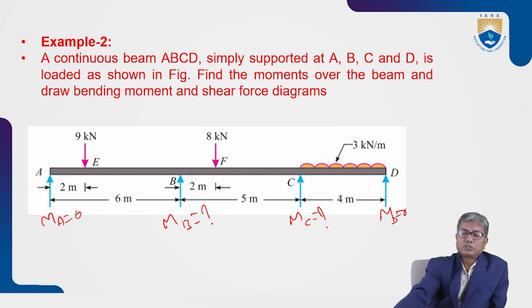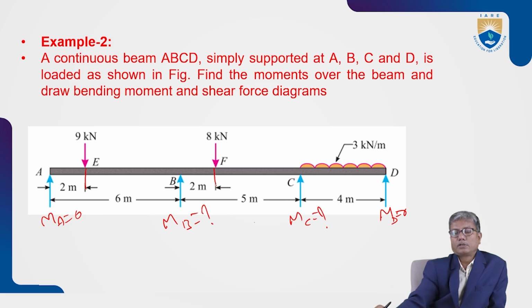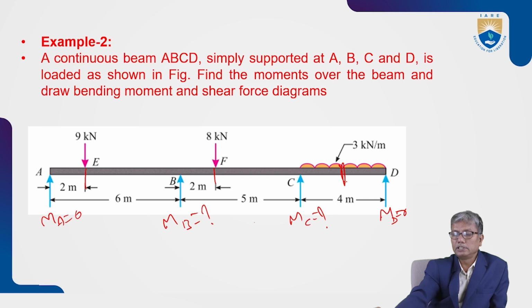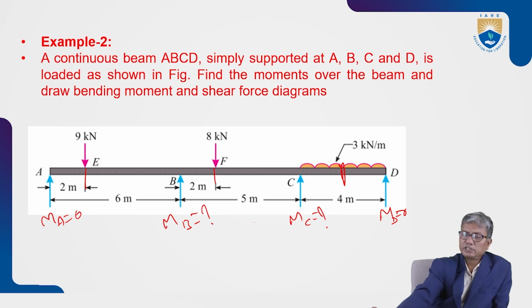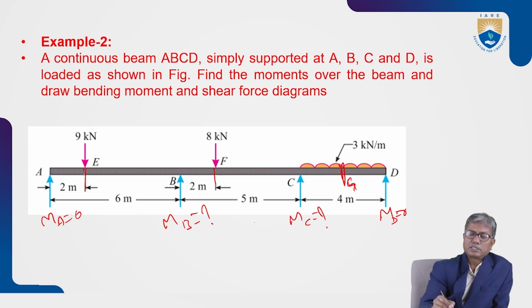So first you find out the bending moments at points E, F, and midspan of CD, which we can call G. Bending moments at E, F, and G you find. What is the bending moment at E, for example?